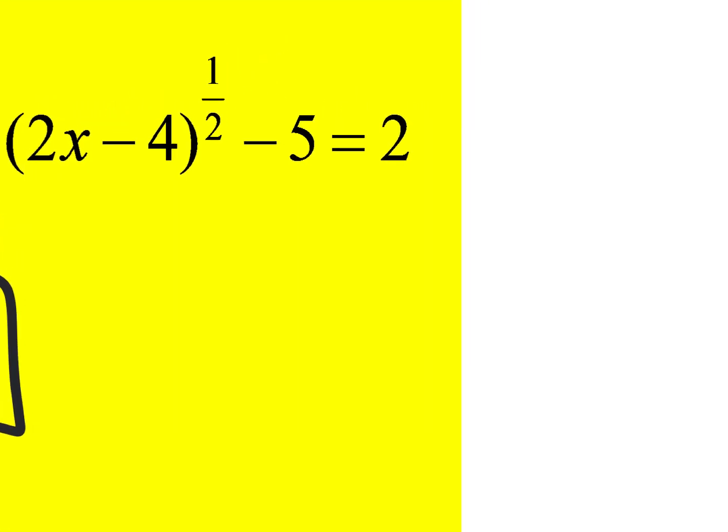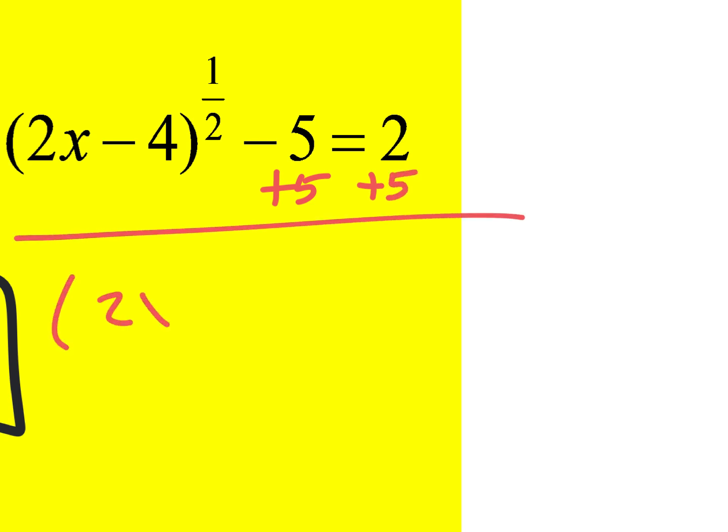Okay, everybody try this one. There's a first step that's not that hard. Lucy, what do you say we should do first? Add 5. Plus 5. Okay. 2x minus 4 to the 1/2 is equal to 7.